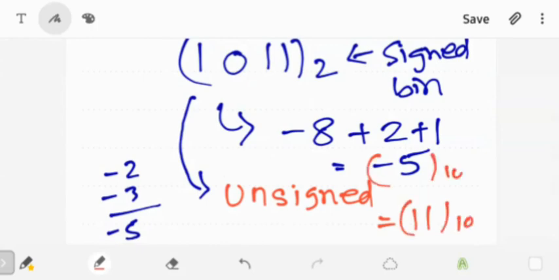Understand? The number is the same, 1011. For signed representation, the answer is -5.